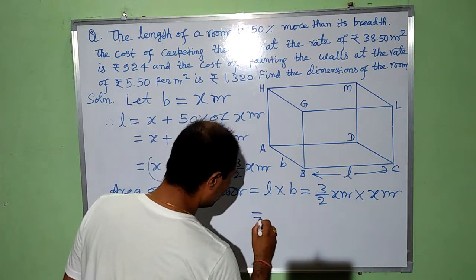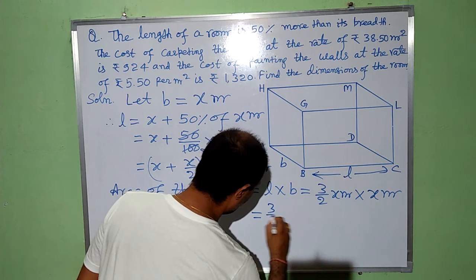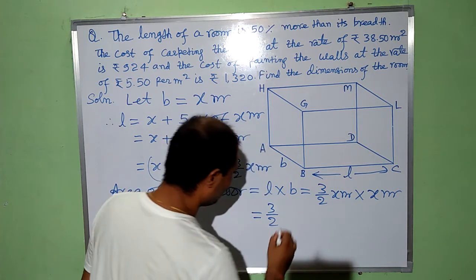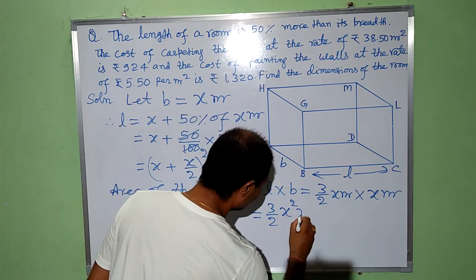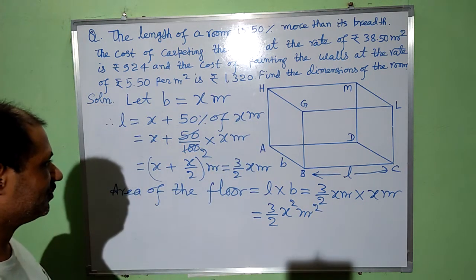In this way, area is 3 by 2 x into x, that is 3 by 2 x square meter square. Area of this floor is obtained.